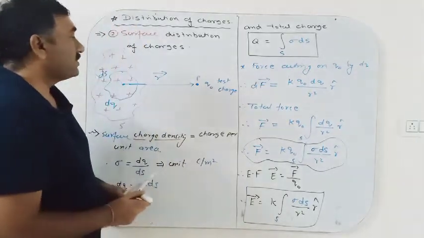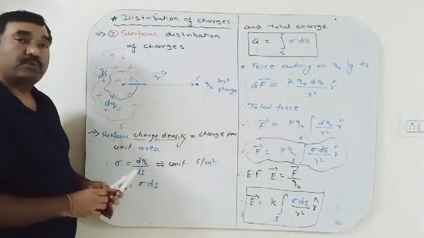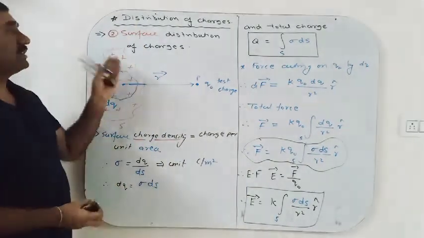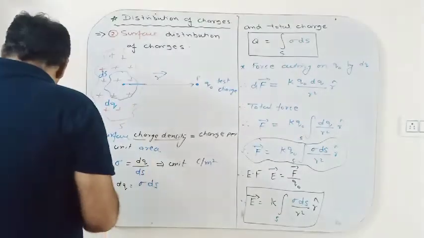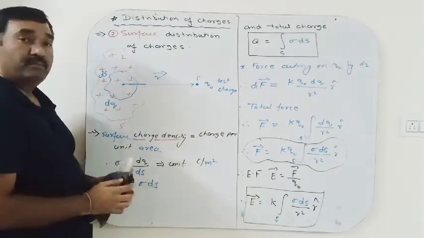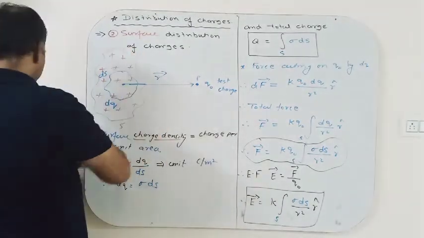So these are the terms we can change directly to get the surface distribution of charges by making small changes. Similarly, we can also obtain the volume distribution of charges.